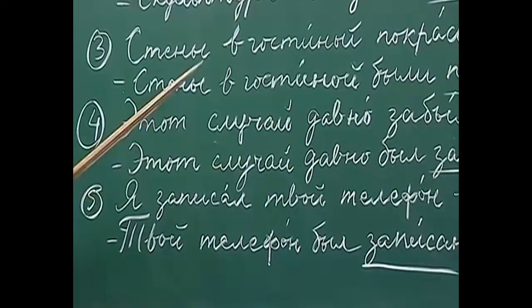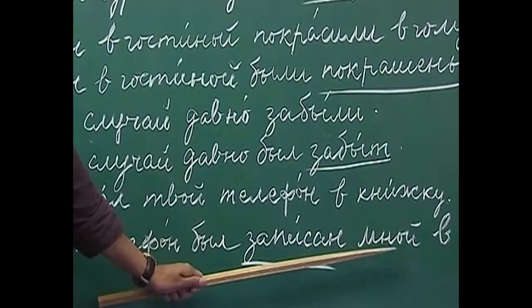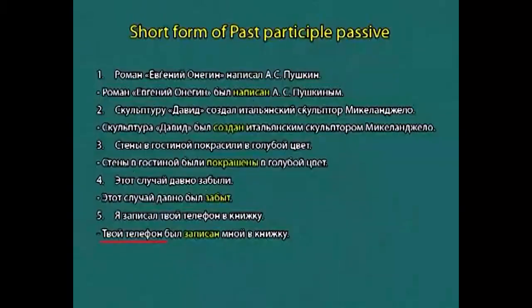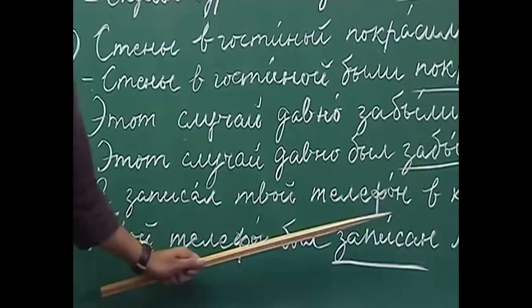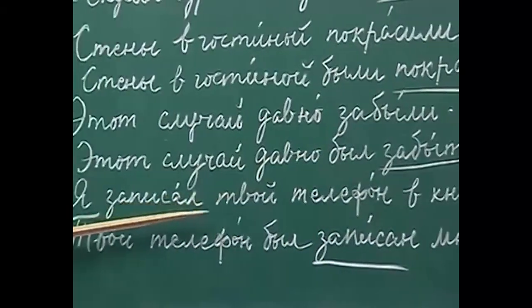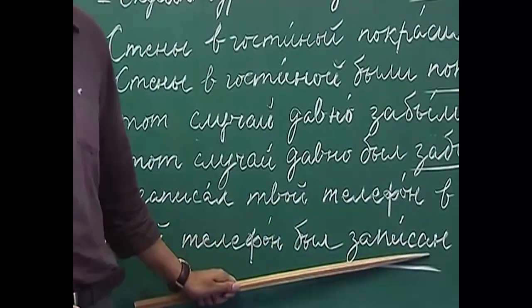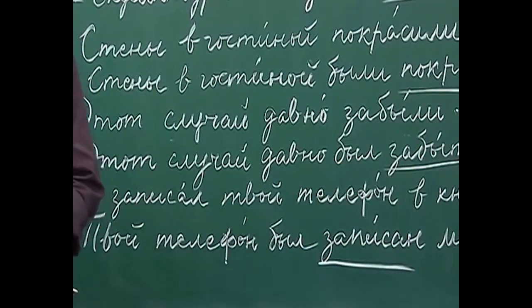Here the subject has been put in the instrumental case because it is the performer of the action, and tvoj telefon has come in the beginning. Zapisan is derived from the verb zapisat, and it is the short form of zapisanni, which is the full form of the past participle passive.